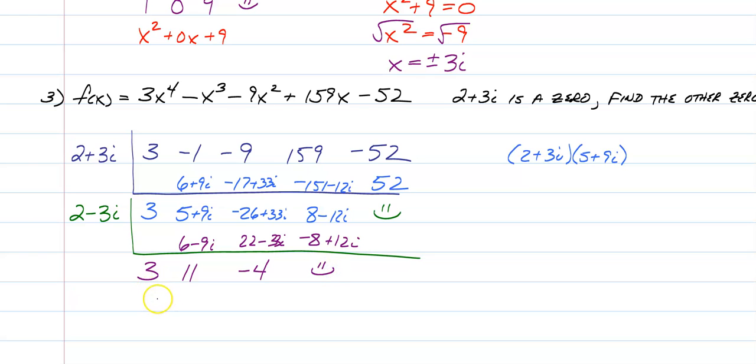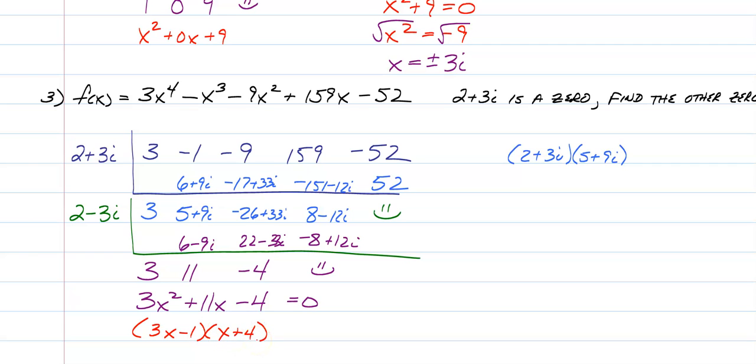So you end up with, we started at the fourth, became a cube, became squared, 3x squared plus 11x minus 4 equals 0. So of course you're going to have to finish by factoring. This is going to factor to 3x minus 1 times x plus 4.